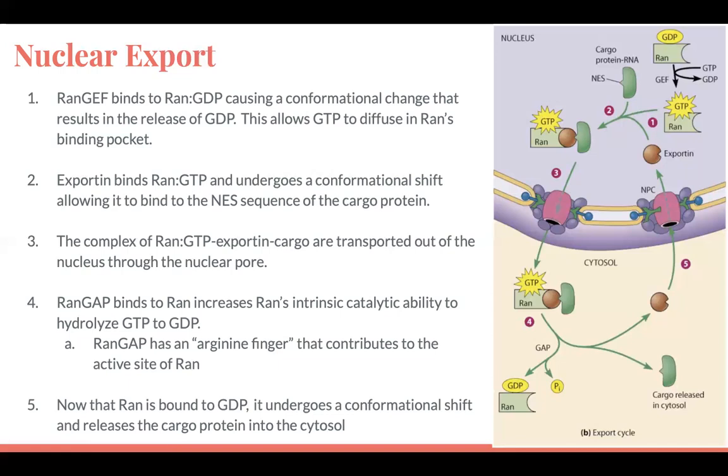In step 5, now that RAN is bound to GDP, it undergoes a conformational shift again and releases the cargo protein into the cytosol. You don't need to know the mechanism by which exportin goes back into the nuclear pore. You just need to know that it does go back in.